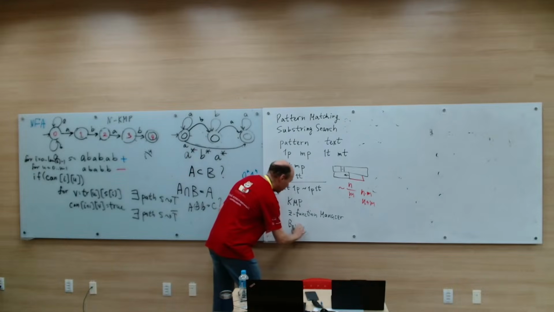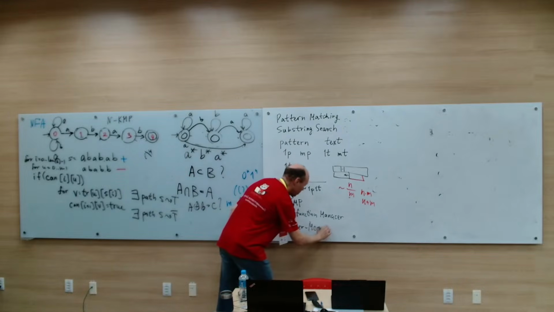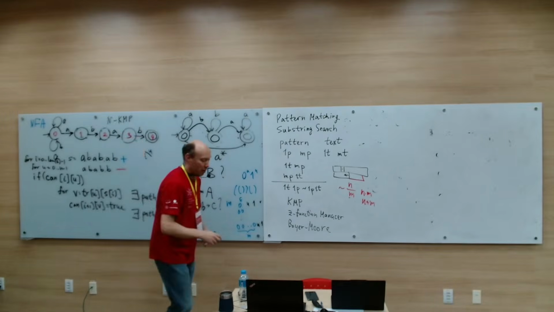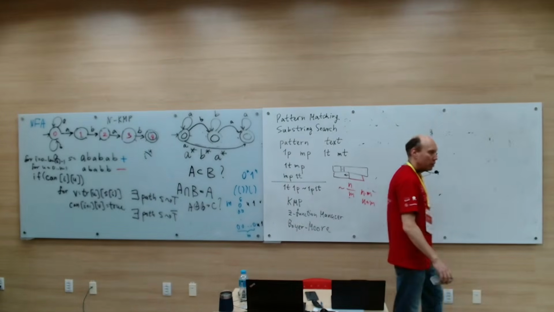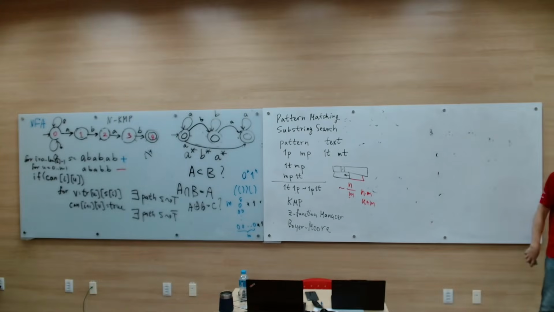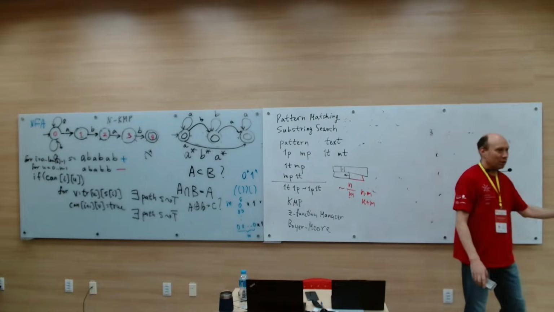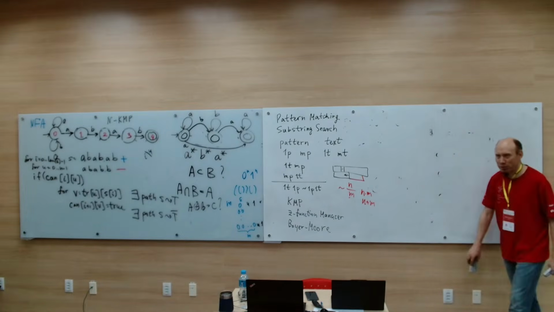It's Boyer-Moore. Very fast in practice for real-life data. Actually, if you, for some unknown reason, are writing a text editor, and they want to look for a pattern, if you use this algorithm, you will get lightning-fast search.